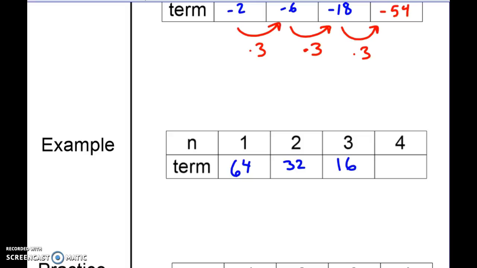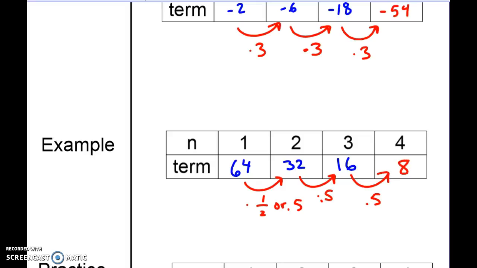We have to multiply every time in a geometric sequence, so we're actually multiplying by 0.5 or 1/2. Half of 64 is 32, half of 32 is 16, and if we multiply by 0.5 again, we would get 8.